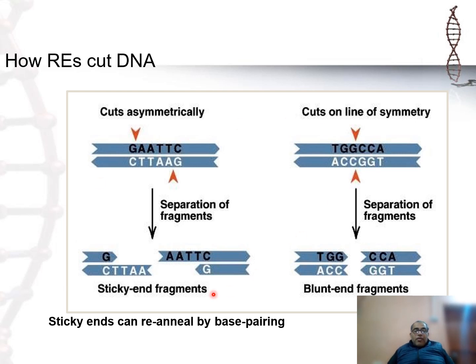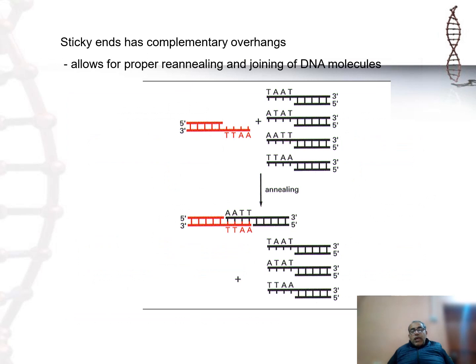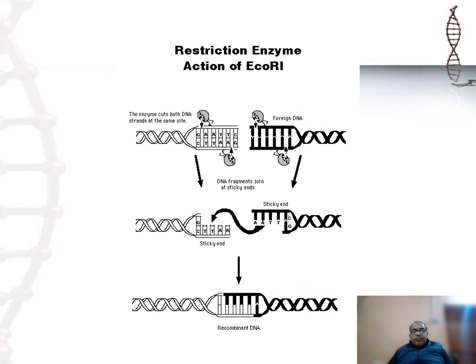Sticky ends and blunt ends. Blunt ends have no overhang, while in sticky ends there will be a single strand overhang of nucleotides. For example, here you can see that there will be a TTAA overhang in sticky ends. Those overhangs could be particularly useful for cloning purposes.